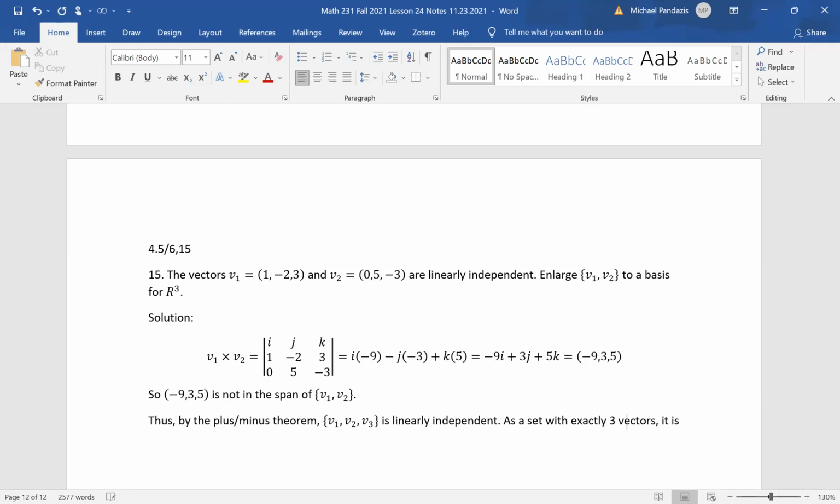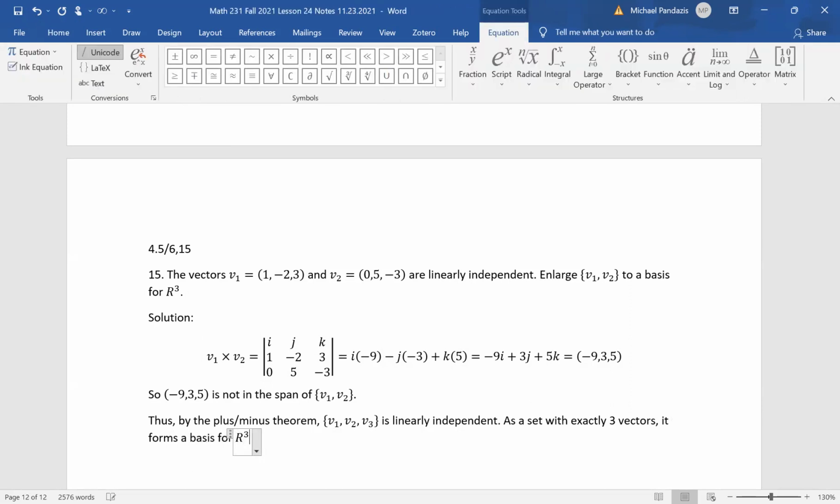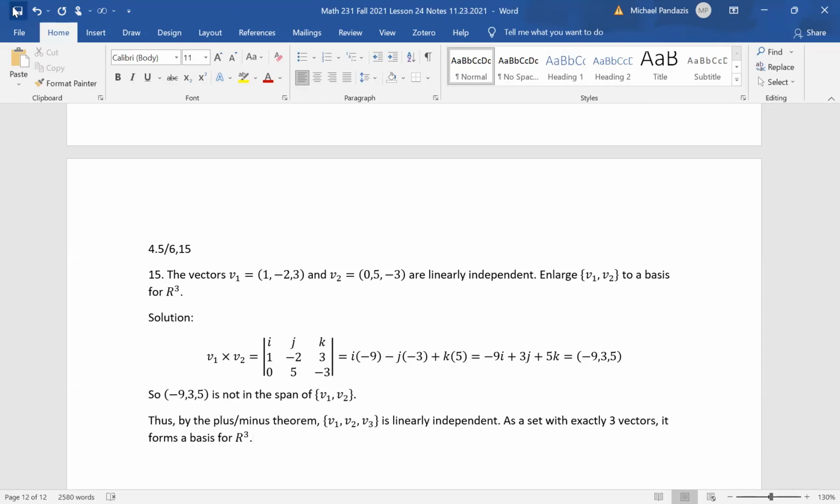It forms a basis for R3, because R3 is 3-dimensional and the set has 3 things in it. We only need to show it's linearly independent or spans R3. Since it's linearly independent and has the same number of vectors as the dimension of the space it's in, that's enough to show it forms a basis for R3.